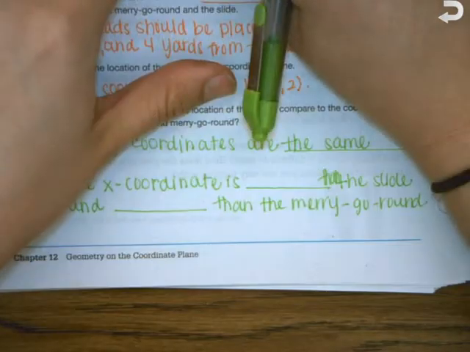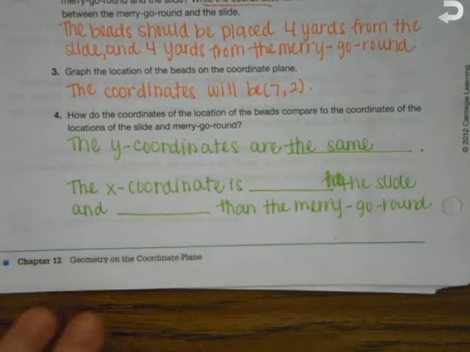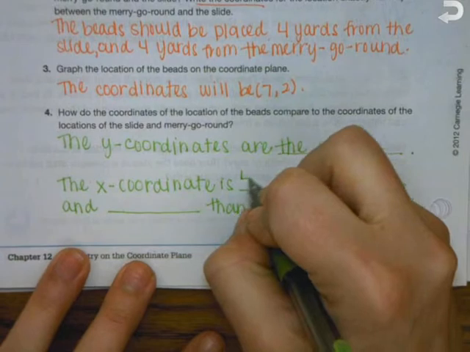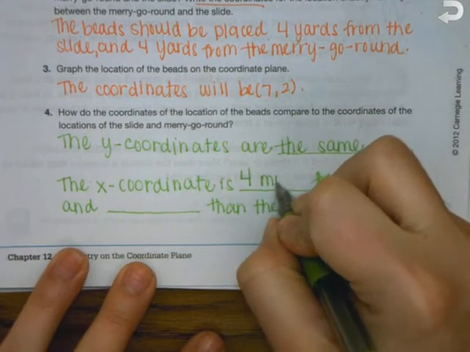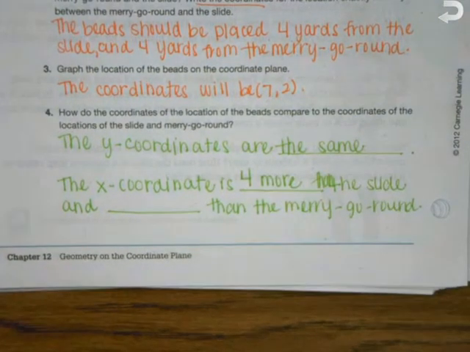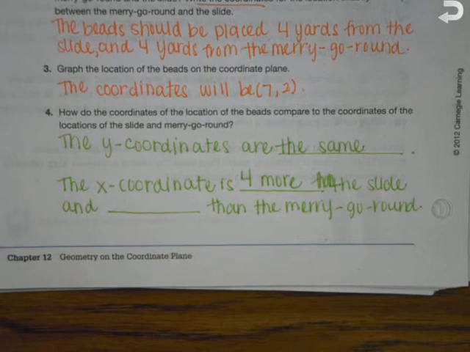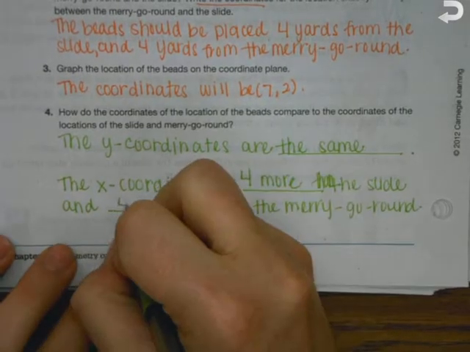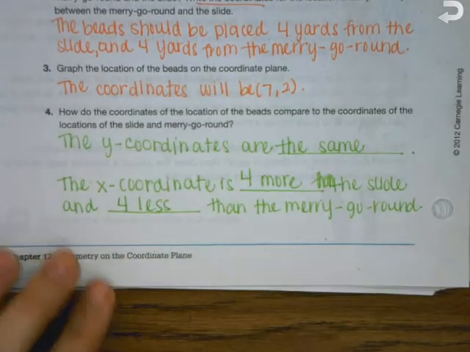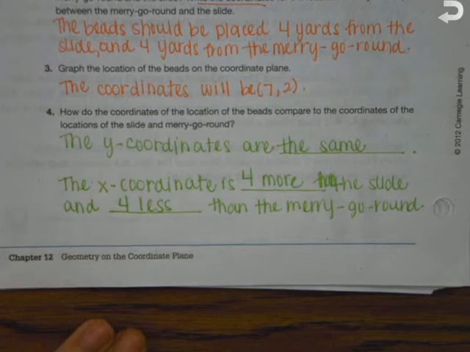So how do they compare? Add 4. So the x coordinate is 4 more than the slide. And what than the merry-go-round? 4 less. Thank you. 4 less than the merry-go-round. Okay?